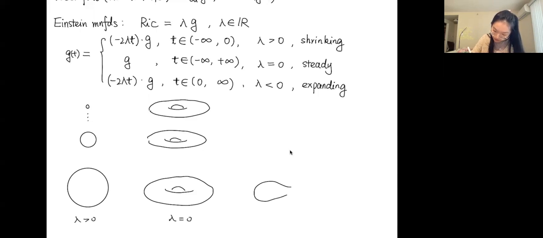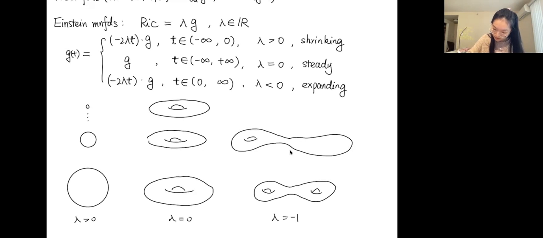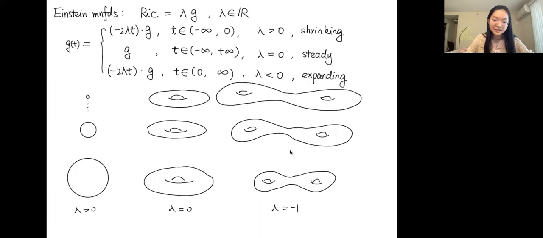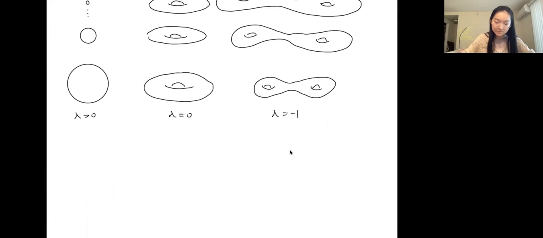And if the constant is negative, equal to -1, then the flow will expand this manifold. Okay, so all these flows are self-similar in the sense that modulo rescalings, they have isometric time slices. So the time slices are isometric.